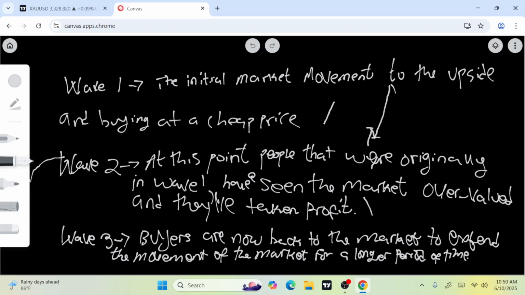That is why wave three is most times the longest and the strongest wave within your five waves, that is, within the motive waves 1, 3, and 5. We all know our motive waves now, right? Are you following? So wave one, this is what happened. Wave two, this is what happened. Wave three.